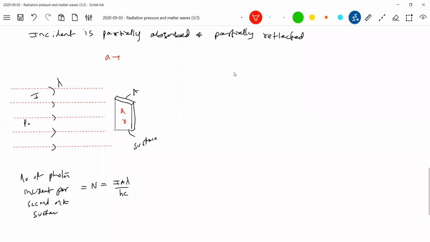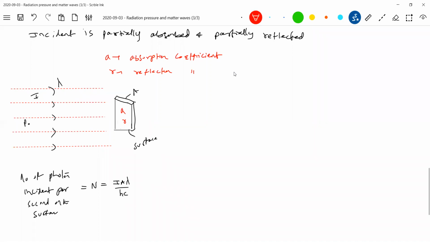So what is the absorption coefficient, and what is our reflection coefficient? Different materials, different surfaces will have different values here. They are not dependent on the intensity of the beam or on lambda.